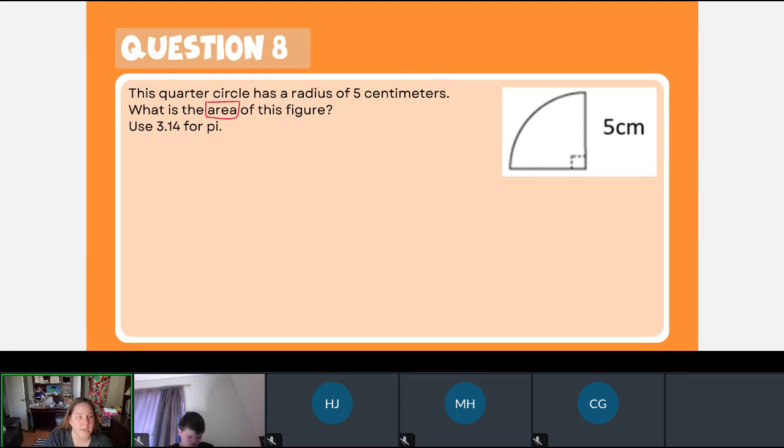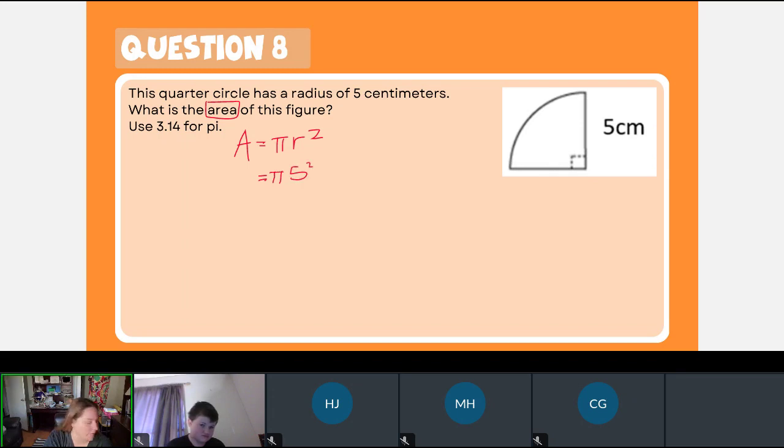Okay, so the area formula for a circle is pi r squared. So when we plug our numbers in, that would be 5 squared.